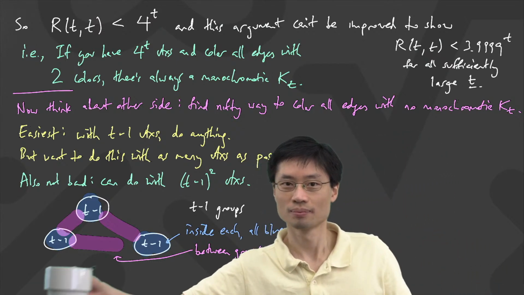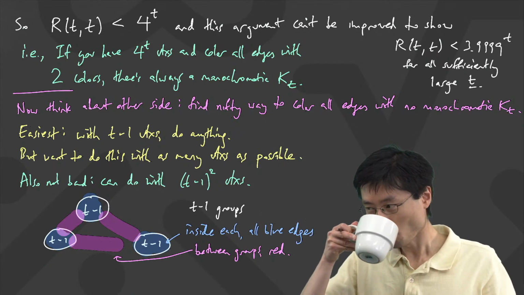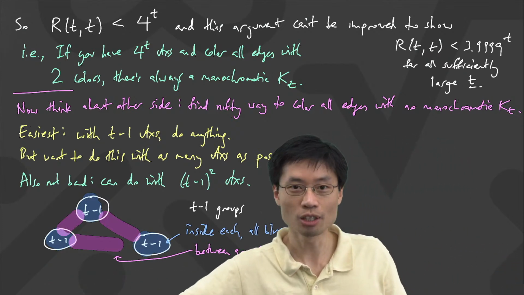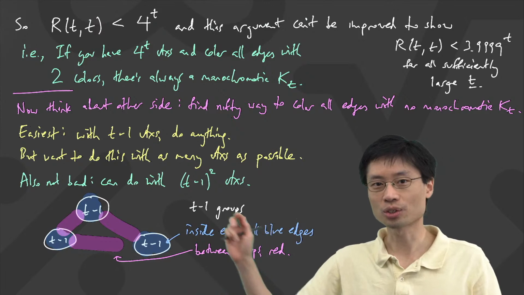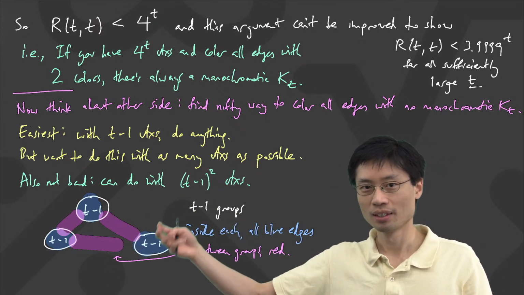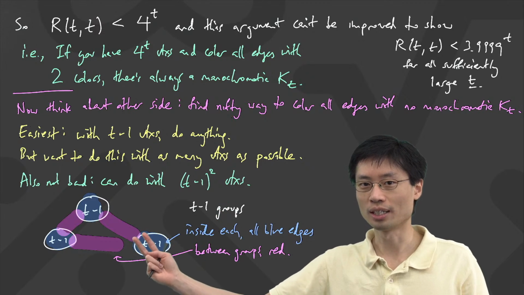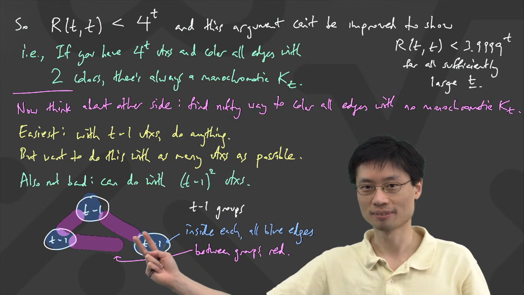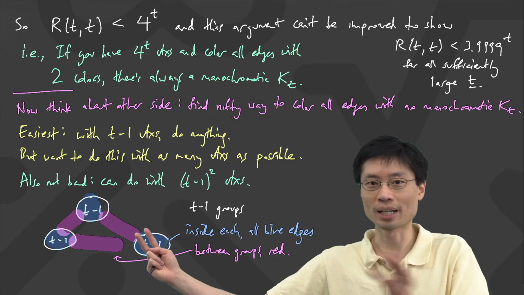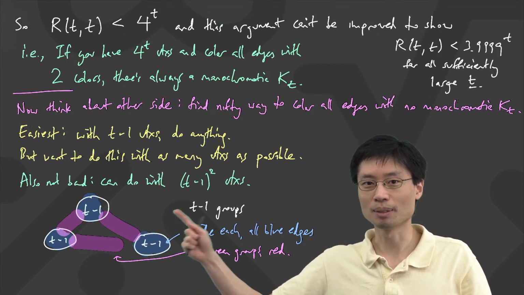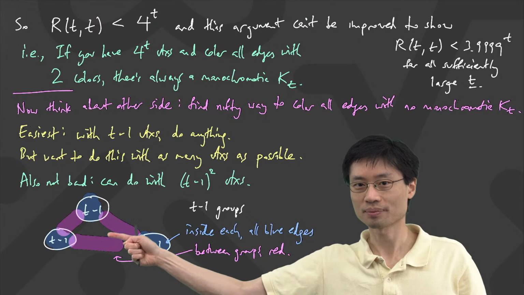You have to represent each group, and there are t minus 1 groups. Your key observation was that if you try to make a red thing, you are not allowed to pick 2 from a group, or else you immediately get a blue edge. If you want to make an all red, your maximum is 1 per group.